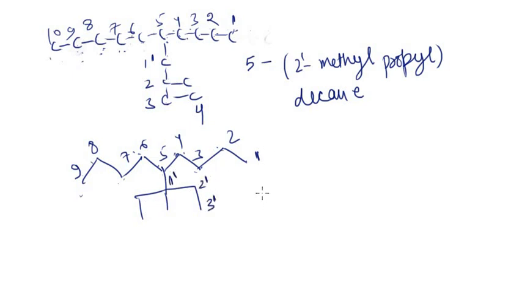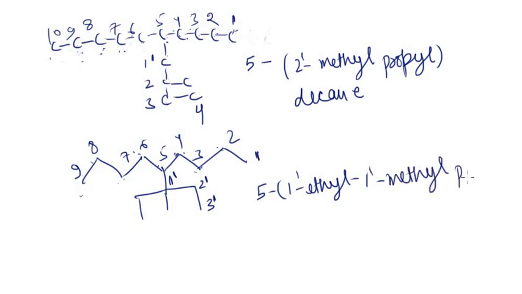So we will write 5, 1 dash ethyl, then 1 dash methyl, then propyl nonane: 1 dash methyl 1 dash ethyl propyl nonane.